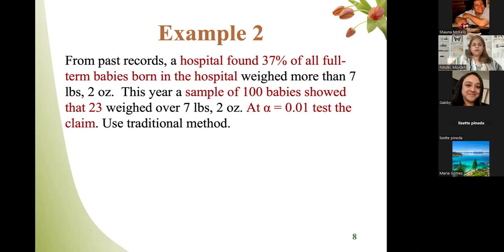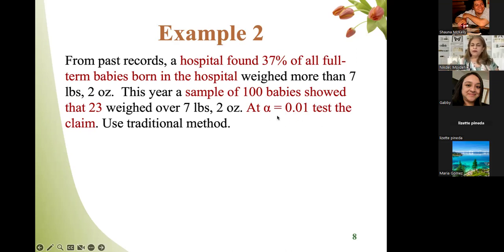Second example. From past records, a hospital found 37% of all full-term babies born in the hospital weigh more than 7 pounds and 2 ounces. This year, a sample of 100 babies showed 23 weigh over 7 pounds 2 ounces. At alpha equal to 0.01, test the claim. Use traditional method. Okay, so I look at alpha sentence.